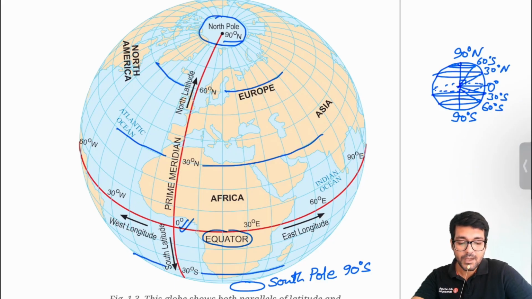These are called parallels of latitude. Equator is largest parallel of latitude, dividing the earth into two equal parts horizontally.